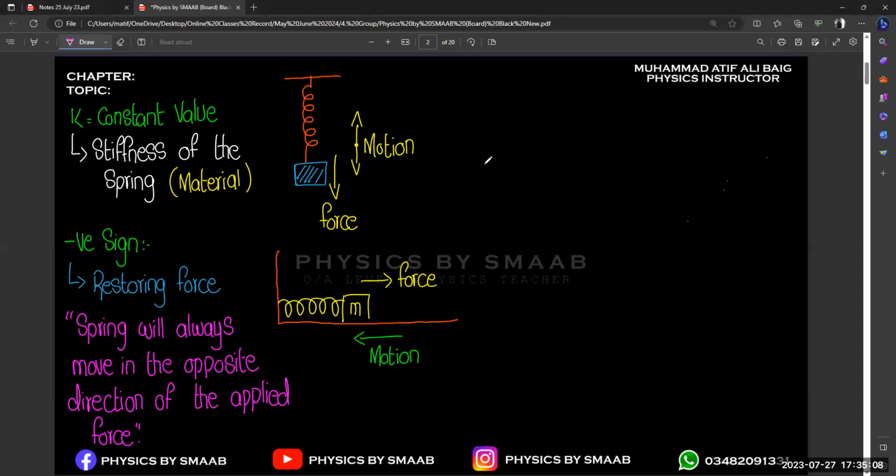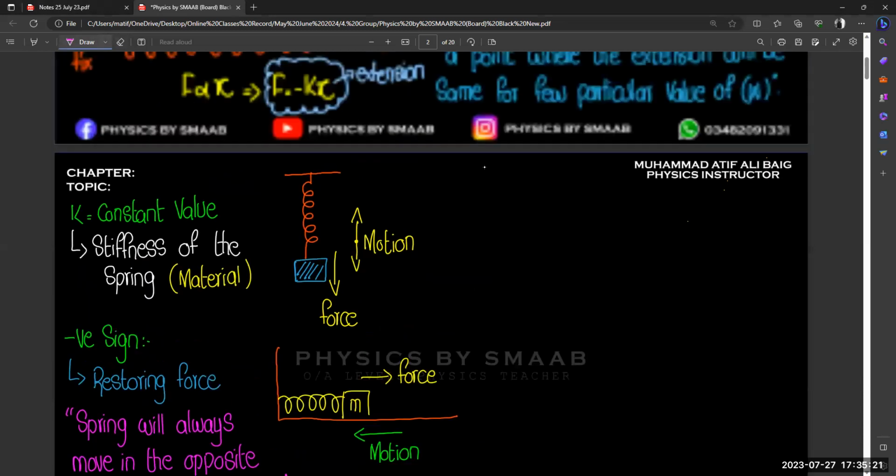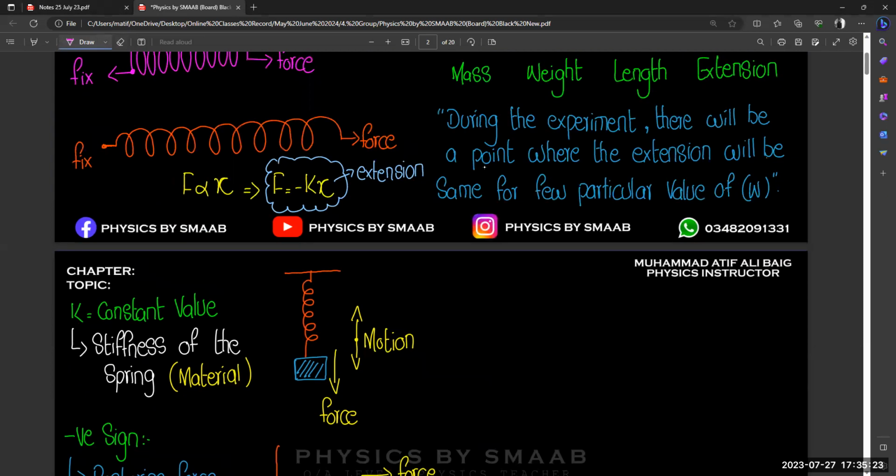or they only ask about the unknown force, right? Suppose the value of k is given in the question and the value of force or extension is unknown. We have three quantities; two of them are given and you need to find the third one. So the use of the negative sign is not compulsory in that question.